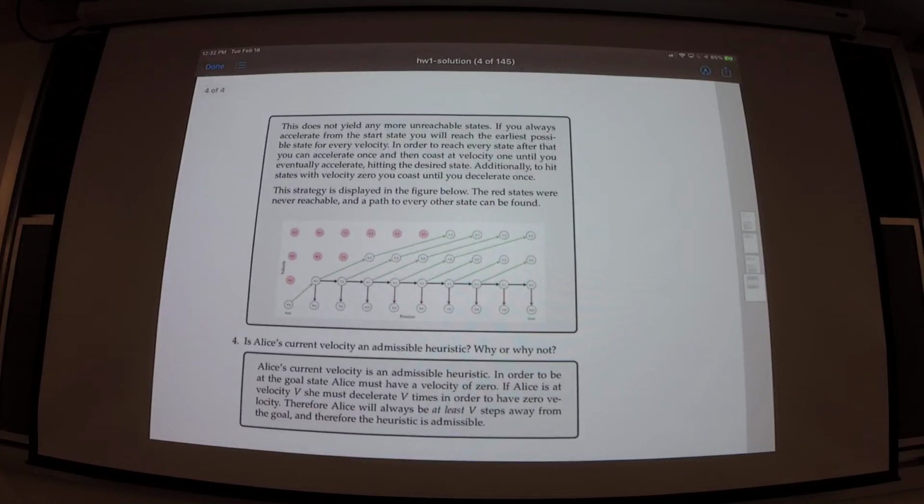Here's the idea. What we did here is we showed the whole set of reachable states and a strategy for reaching them. And the question is, does this set change if you're not allowed to accelerate after you've decelerated? And the answer is no, it does not. So the set of reachable states remains the same. It should be noted that reachable does not mean reachable by some specific path.